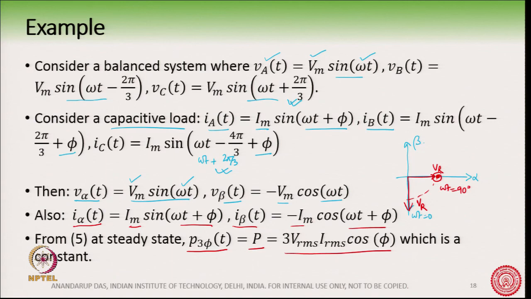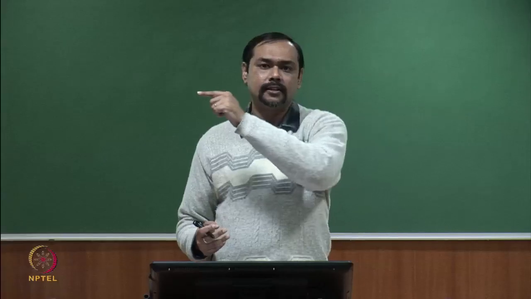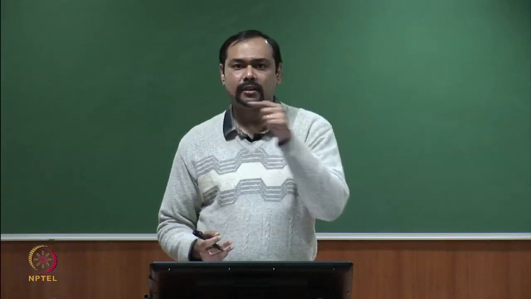In such a balanced system, we have V RMS I RMS cos phi, that is the power that is flowing into this capacitive load. And this P 3 phase t is an instantaneous quantity, but it is a constant value. V RMS is Vm by root 2, constant, I RMS is Im by root 2, constant, cos phi is constant. So, P 3 phase is a constant quantity.